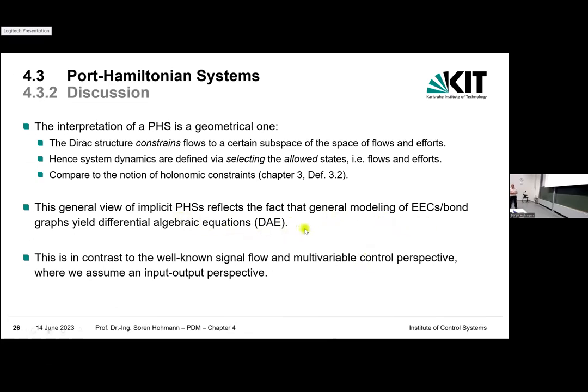Compared to our differential algebraic equations we learned in chapter 2 and also chapter 3, this is somehow a concept we know from multivariable control. So if you're doing modeling in practice, you will always end up with this implicit notation.